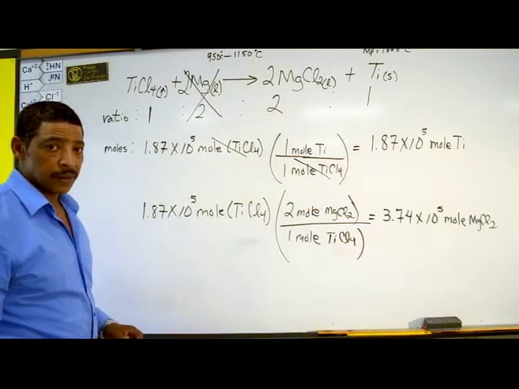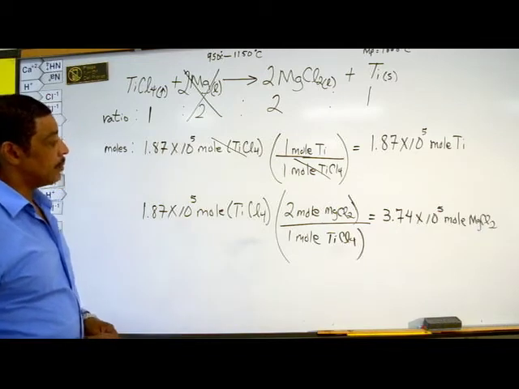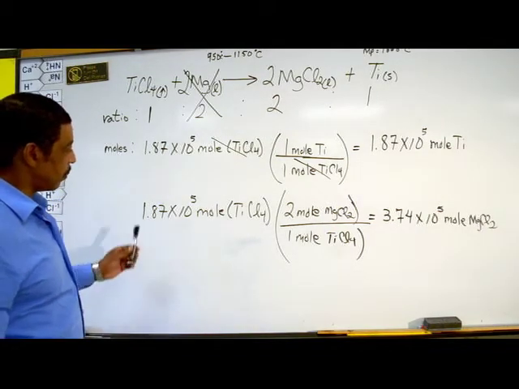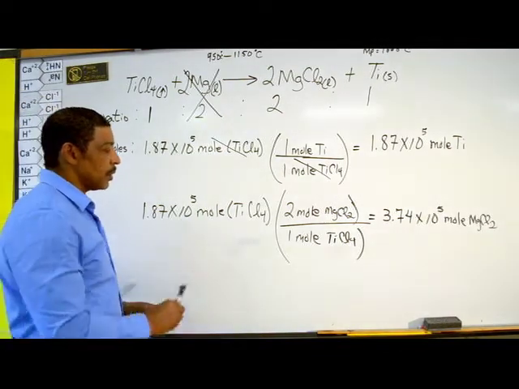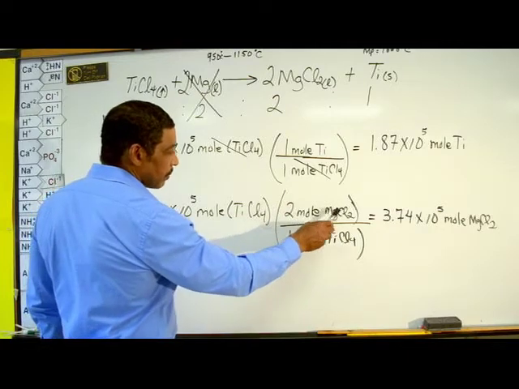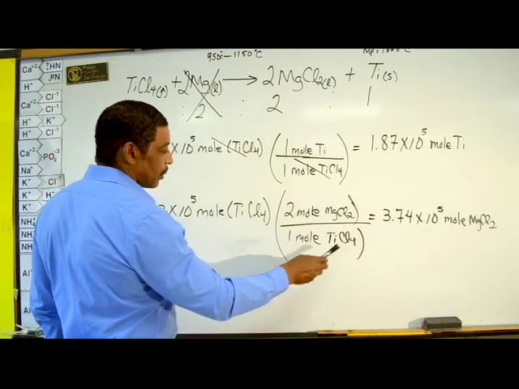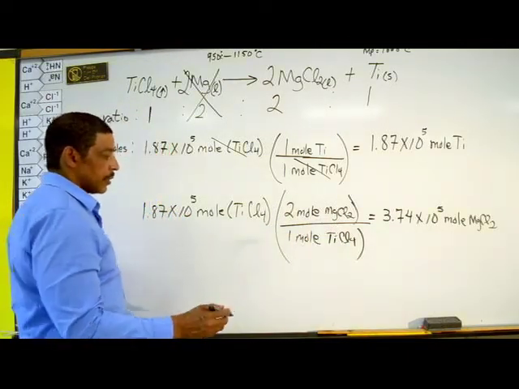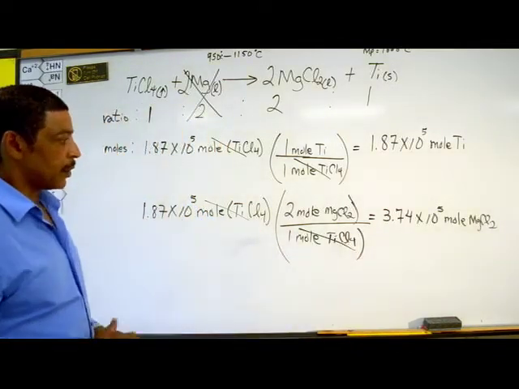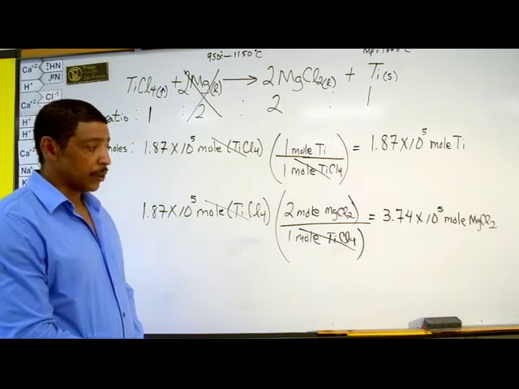of Ti formed. In the case of magnesium chloride, we perform a similar process where 1.87 times 10 to the 5 mole of TiCl4 now times 2 moles of MgCl2 divided by 1 mole of TiCl4. Once again, the moles of TiCl4 will cancel, and we're left with moles of MgCl2.